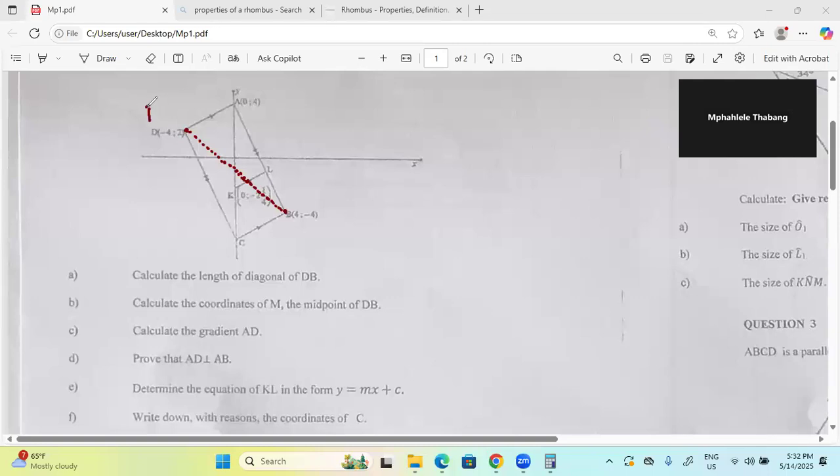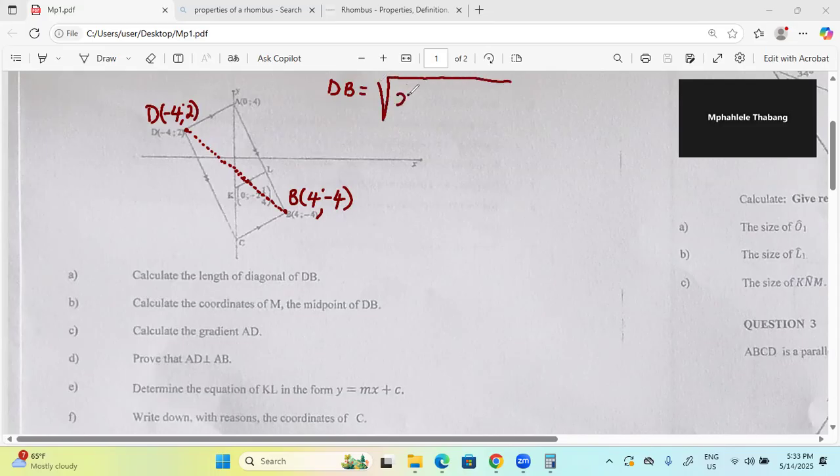So we have D here, which is -4 and 2. We have got B here, which is 4 and -4. So now let us find DB. Let's say DB equals to, we are looking for the length of a diagonal. So we use the distance formula.